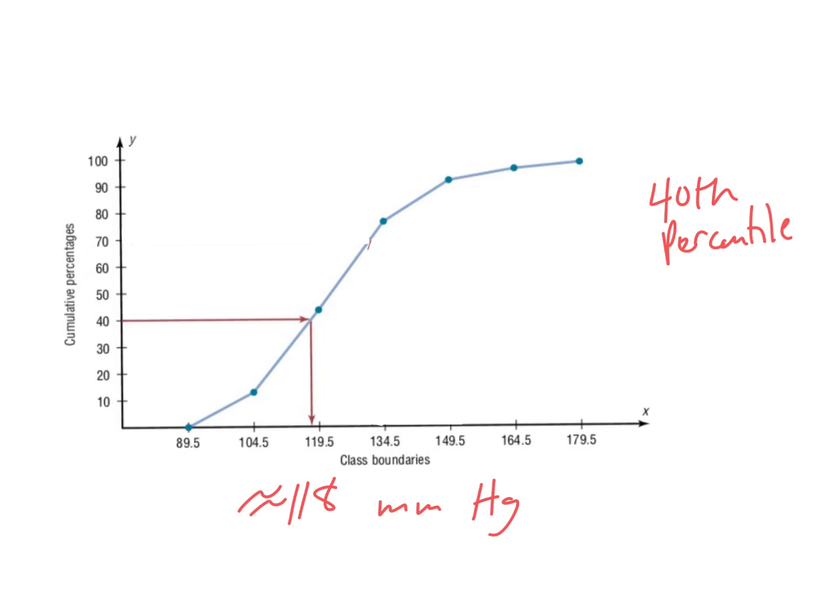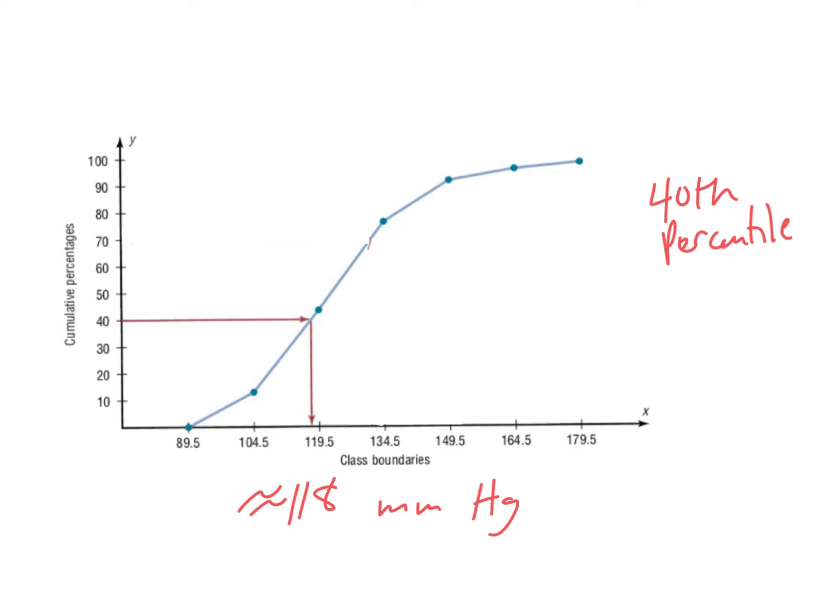And this is where I'm talking about we're making an approximation. I've approximated that that's 118 millimeters of mercury. Now, you might have said 119, and that's fine. It doesn't have to be exactly like that, but it can be.